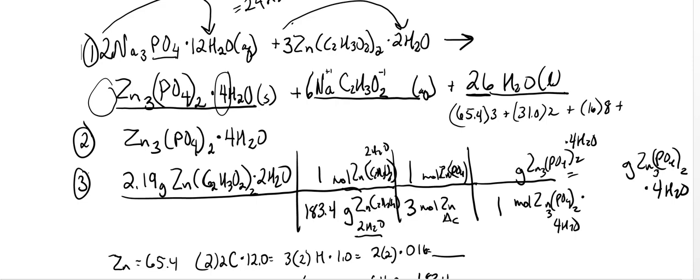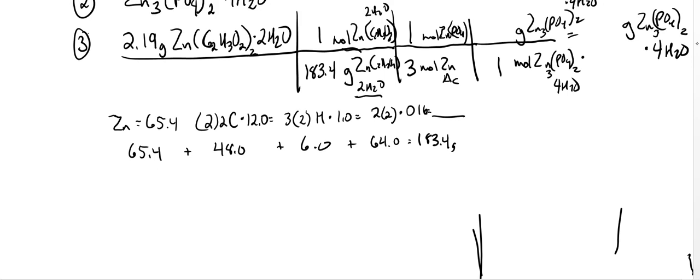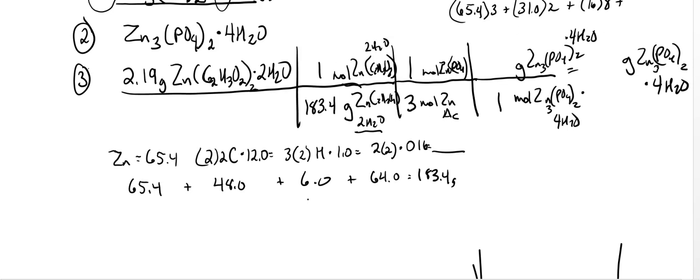You know what? We made a mistake. Did you factor in, Maisie, the 2 waters to get 183.4? No, this should be 2 times water is 18. So 2 times 18 is, what is it?